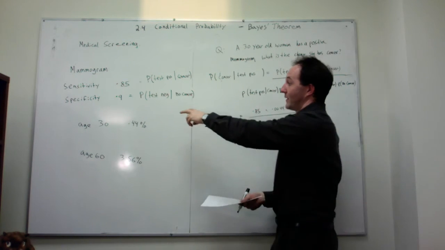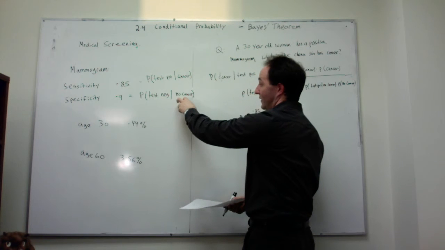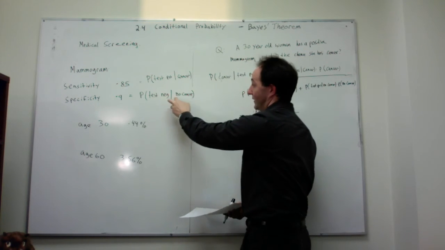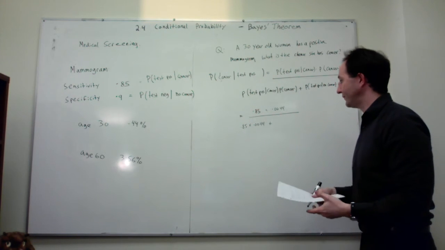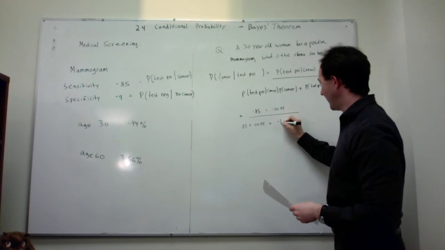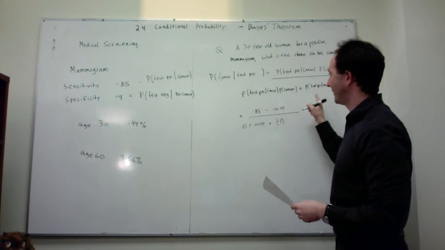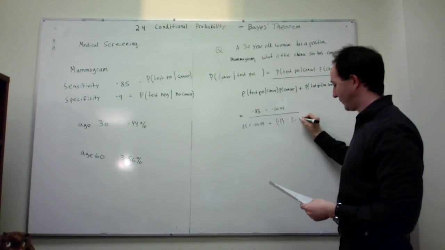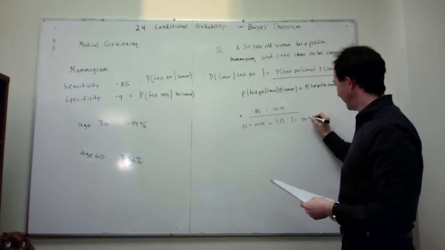So the probability of testing positive given no cancer is going to be 1 minus the probability of testing negative given no cancer. So that's going to be 0.1 times the probability of not having cancer, which is 1 minus 0.0044.